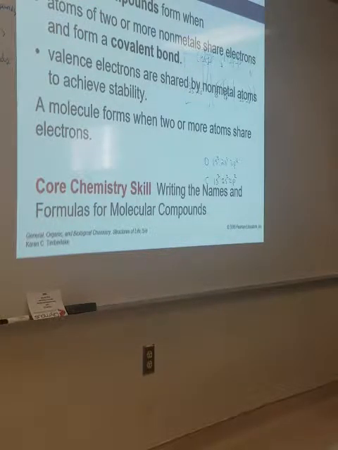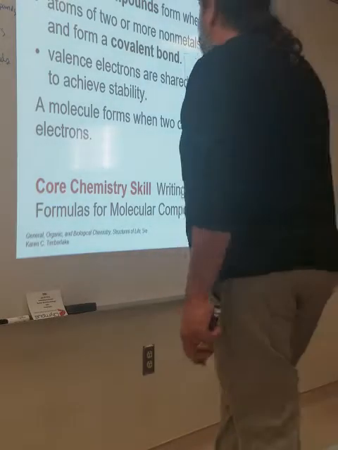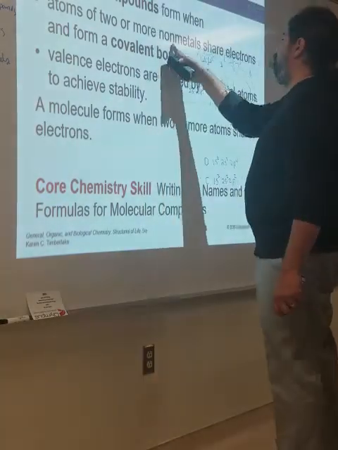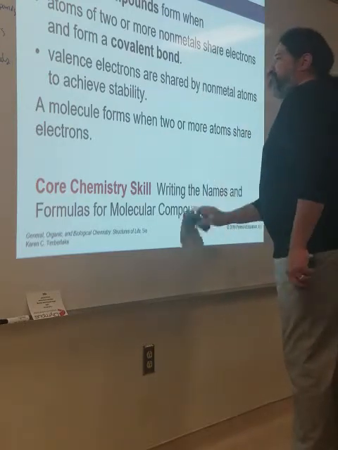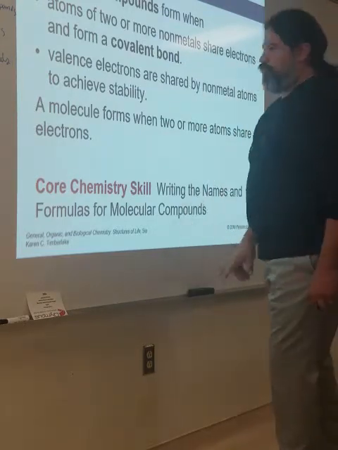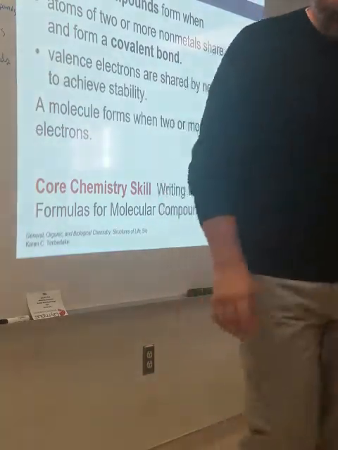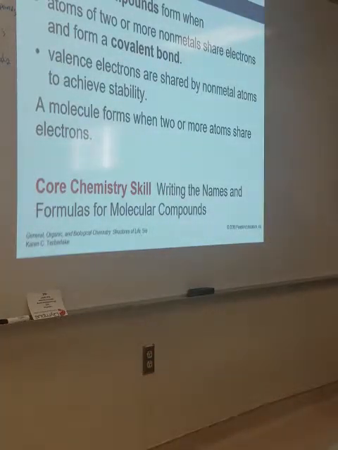So, atoms of 2 or more non-metals share electrons. We're only concentrating on the binary ones. There are a lot of compounds that contain more than 2, but we're only going to look at the binary ones. And the unit, when those electrons are shared, we call a molecule.